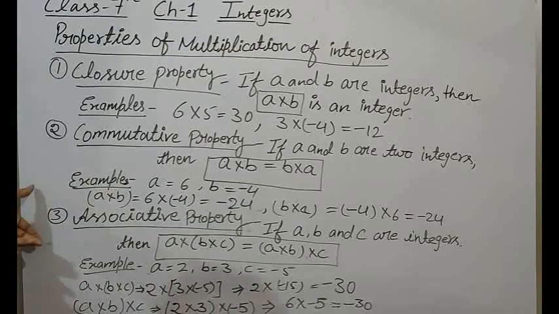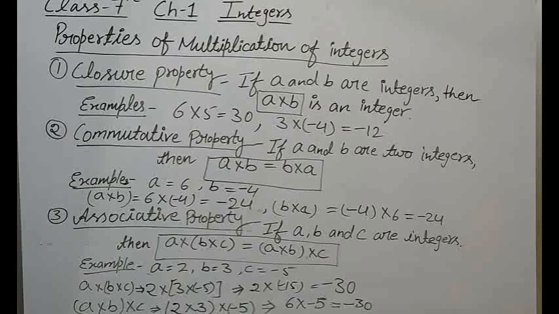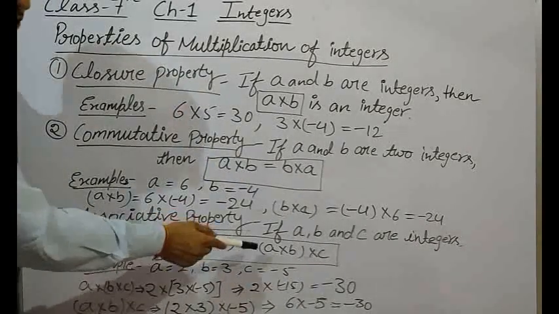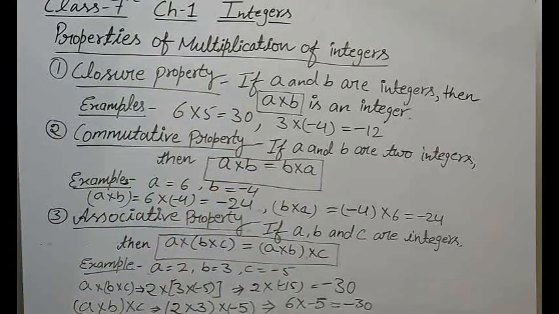And the third is the associative property. If a, b and c are integers, then a multiply b, into c, is equal to a multiply, b into c.